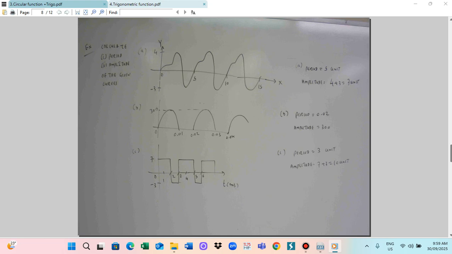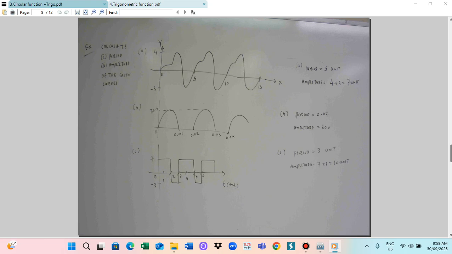And the second graph, in this case period: you see the whole cycle starts at 0 and ends again at 0.04. So the period will be 0.02. And the amplitude is 300.